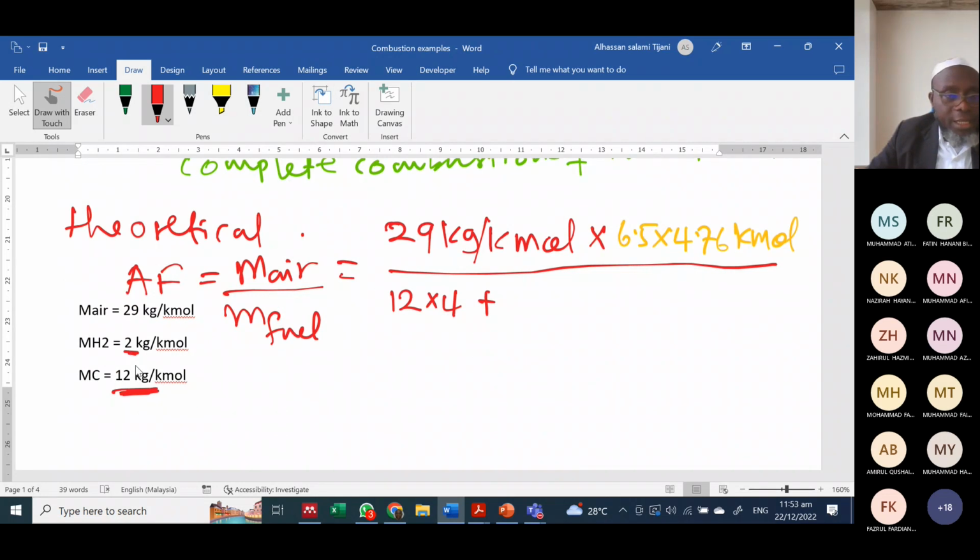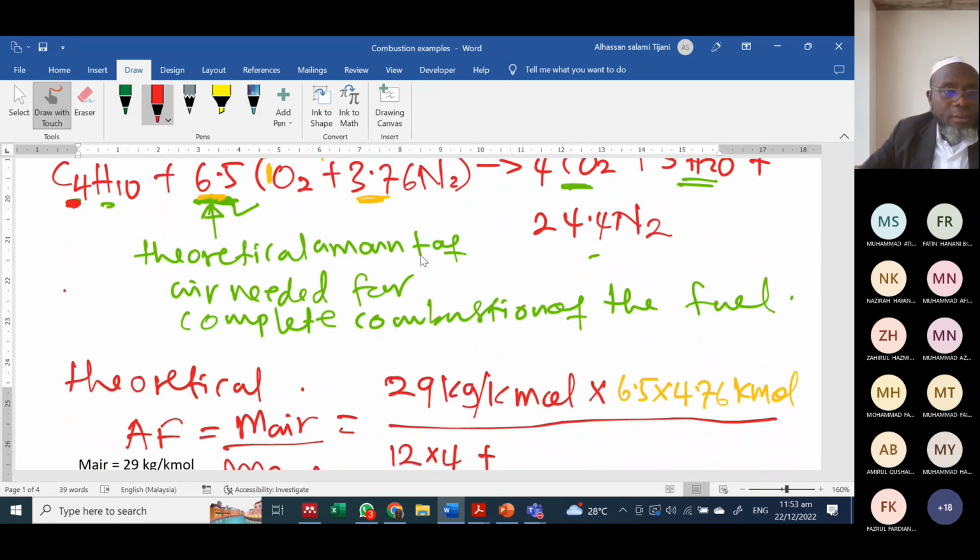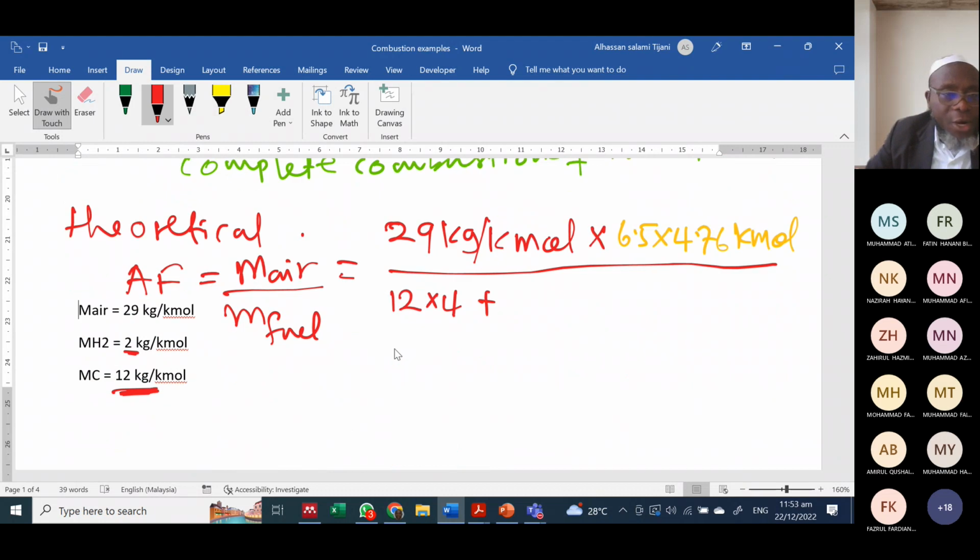This is 4 times 12. So for hydrogen, we have 10 atoms of hydrogen over here.